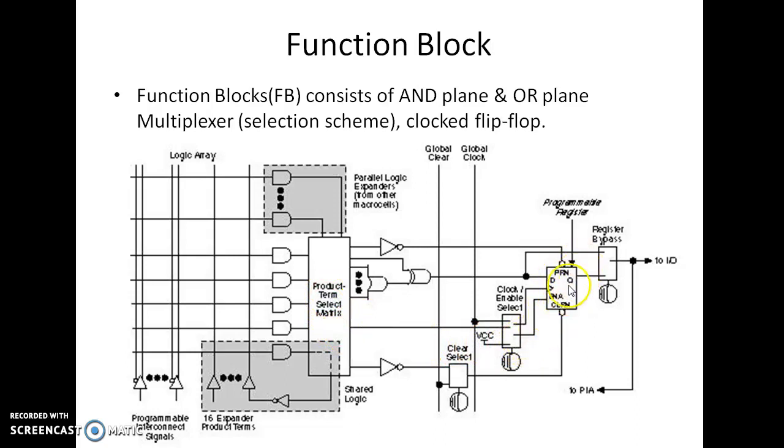It is a flip-flop which will control the data transfer between IO and this particular CPLD. So whenever the clock is enabled, only then is the data transferred. When the clock is disabled, the data is not transmitted. That means you can synchronize the speed of the processor and this corresponding CPLD.